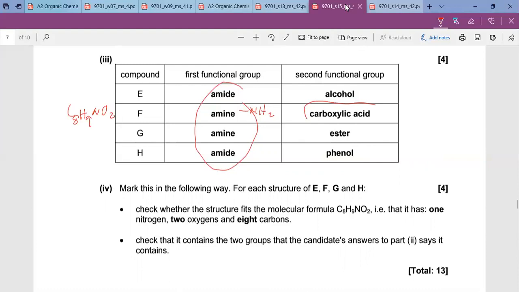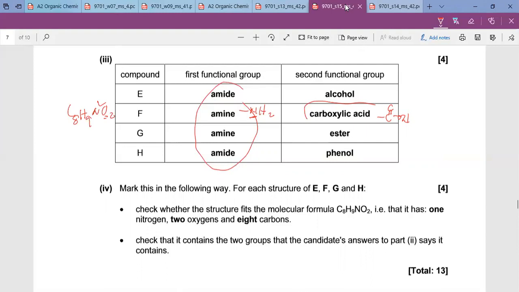So remember, 1 N, and 2 O must be from your carboxylic acid. The other O must either come from the carboxylic acid, alcohol, or ester. So now here you can see it is carboxylic acid. Now here's your phenol.